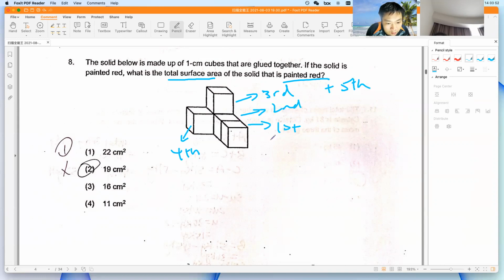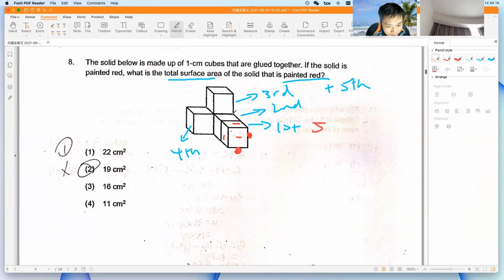by one. So for the first cube, count how many surfaces are painted red. So 1, 2, 3, 4, and then 5. Of course the other one is not painted red, so 5 of them.